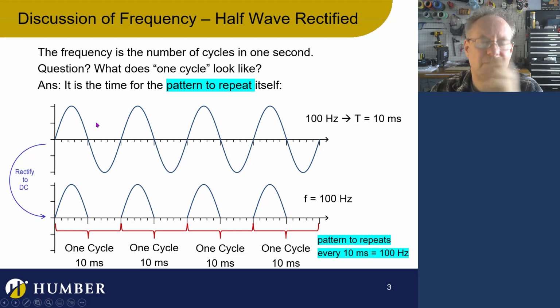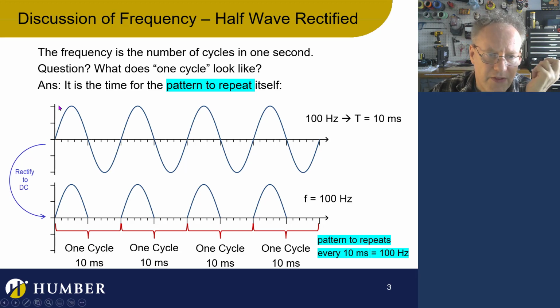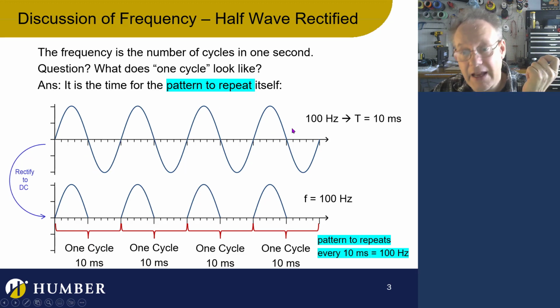I wanted to find what a period is. A period is essentially how much time it takes for the waveform to repeat itself. So let's take a look at how much time it takes for both waveforms to repeat themselves. In this waveform, this is one full sine wave, and then that repeats itself again and again.